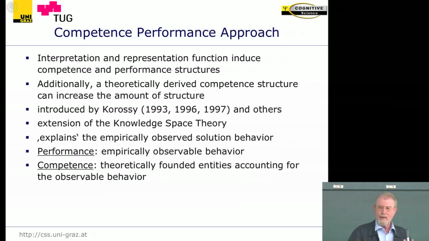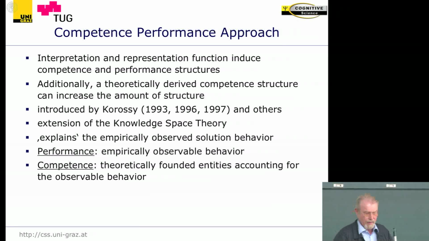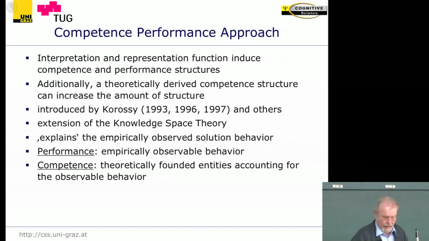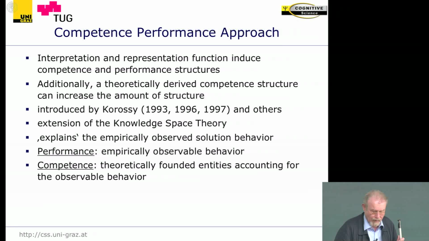However, here we have to differentiate the knowledge which is latent and the knowledge which is observable. So we used another term for knowledge structure. We are now using the term performance structure.